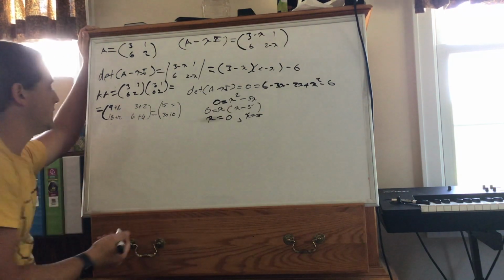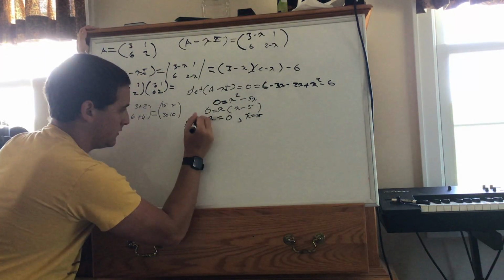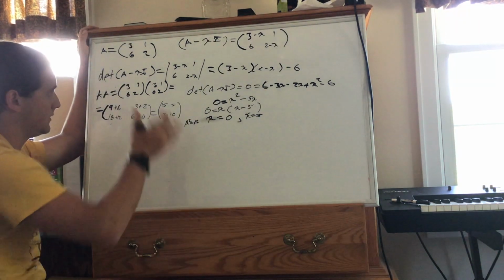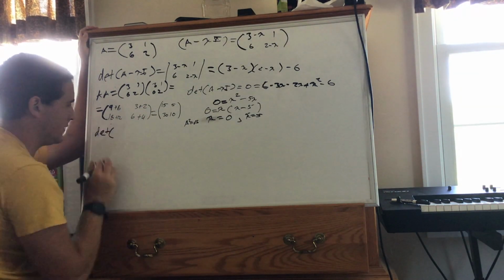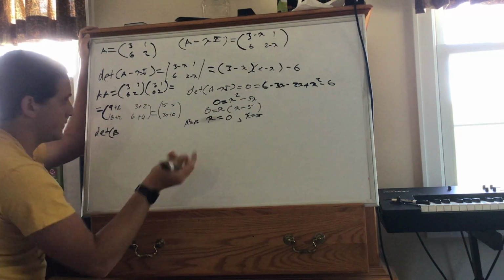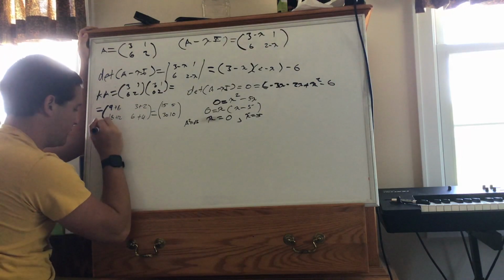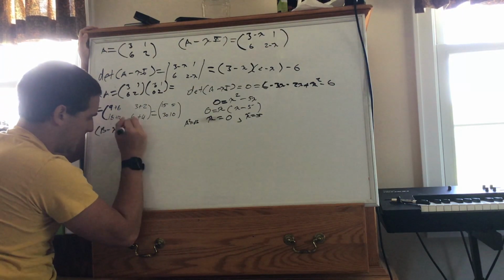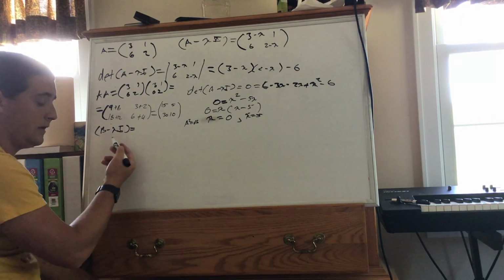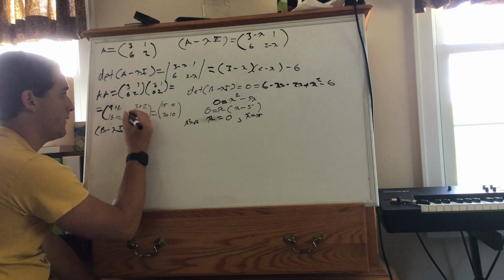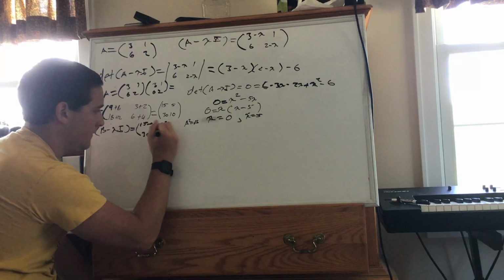I'm going to set A squared equal to B, just to make this easier and cleaner. Before I do the determinant, B minus lambda I equals 15 minus lambda, 5, 30, 10 minus lambda.